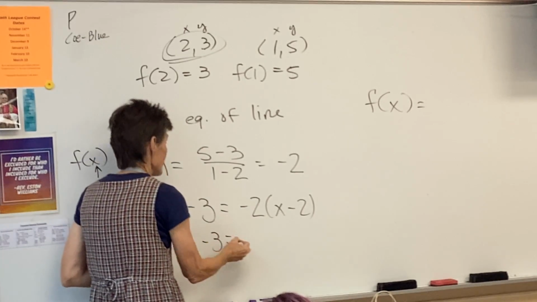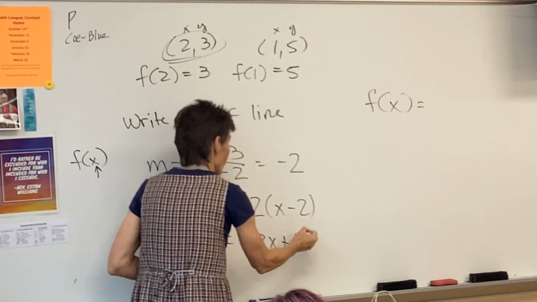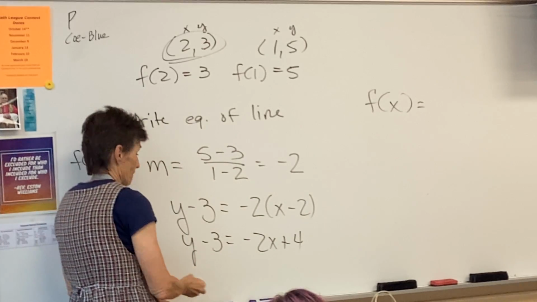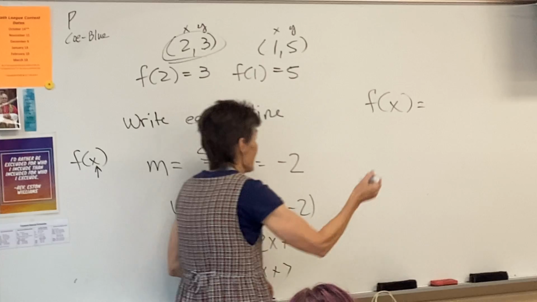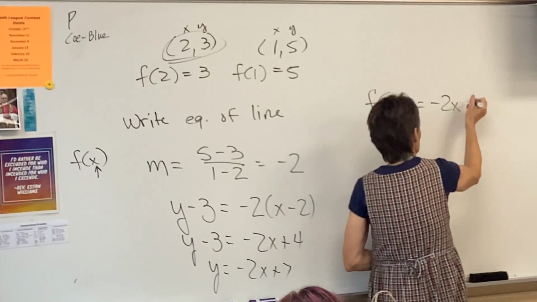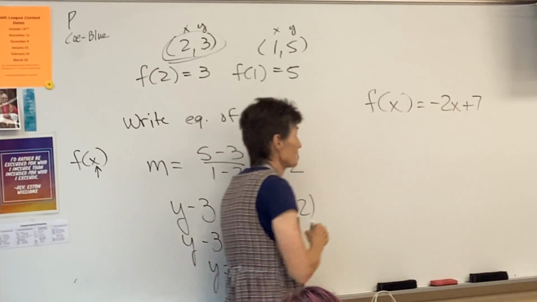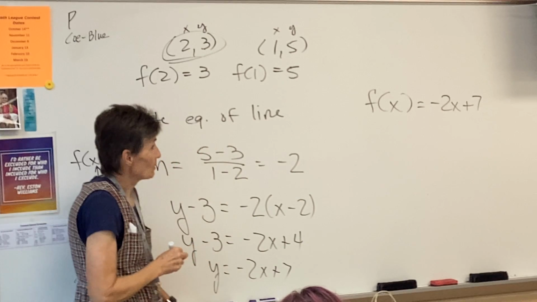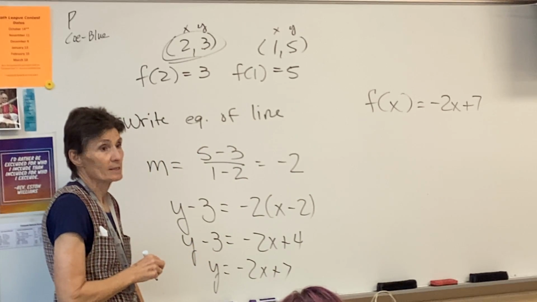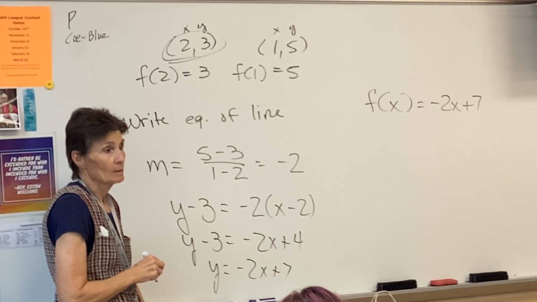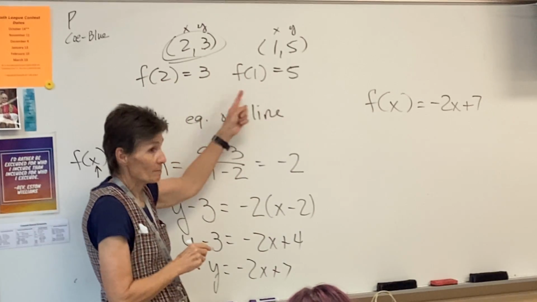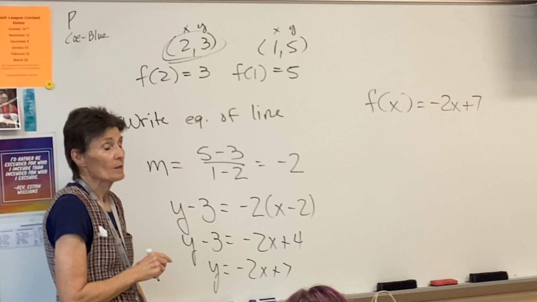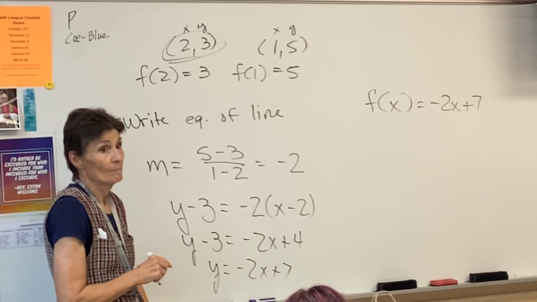Y minus 3 equals -2x plus 4. Y equals -2x plus 7, and there is my function. F of x equals -2x plus 7. Now that is not new to you. The way it was written in the beginning is a little new, but the math isn't new.